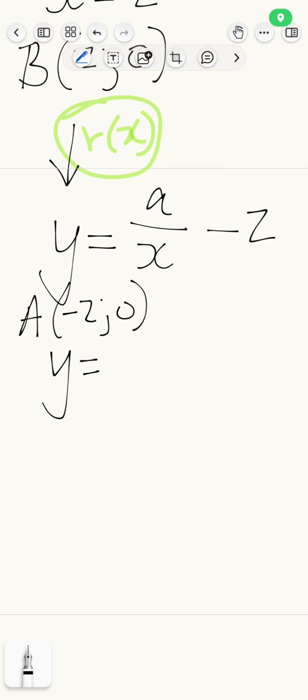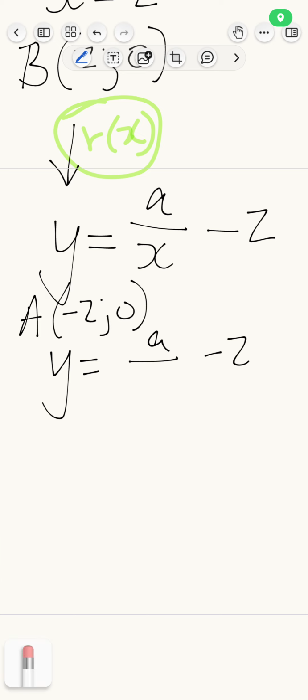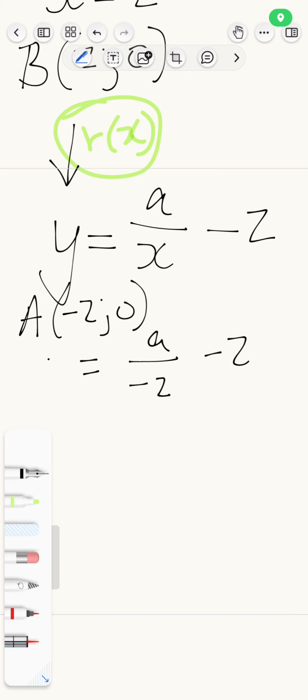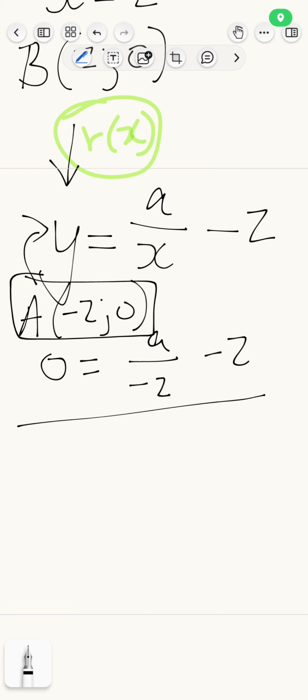We're going to replace x and make x minus 2, and we're going to replace y and make y 0. So what did we do? We substituted the coordinate A into the equation of the hyperbola. Now we only have one missing variable, that's the a. Now we need to solve for a.